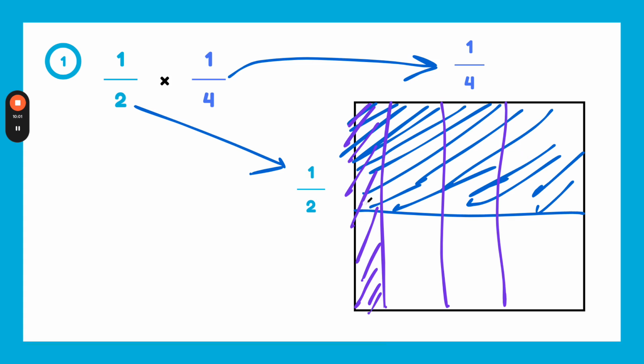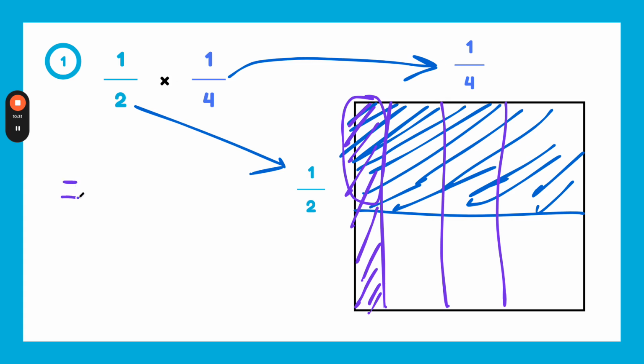What we're looking for is to find where the shading overlaps, i.e. where is there both a blue and purple shading. And you can see it's over here because this piece, both the purple and the blue are shaded. So that shows us the multiplication of both a half and a quarter.